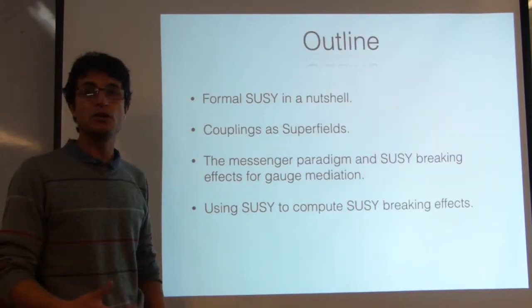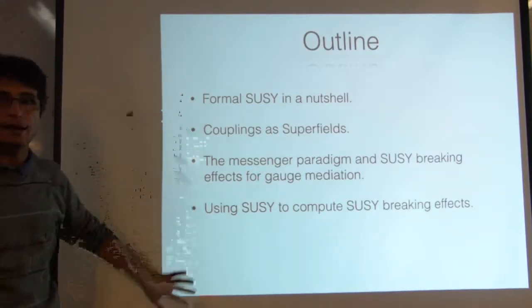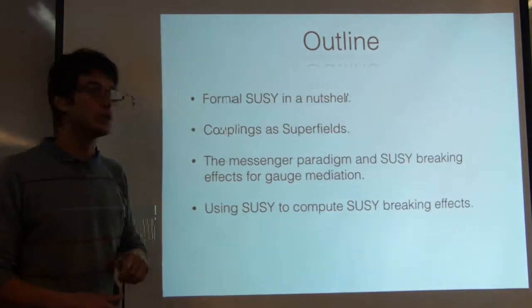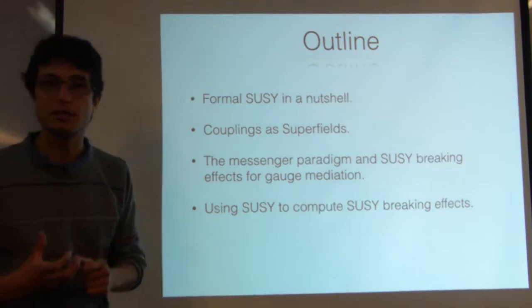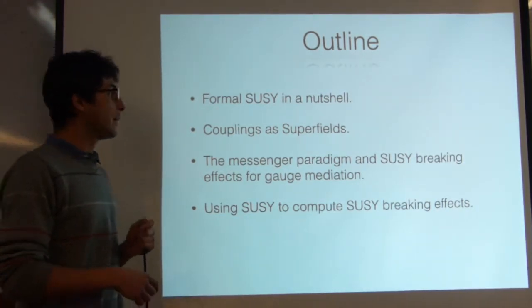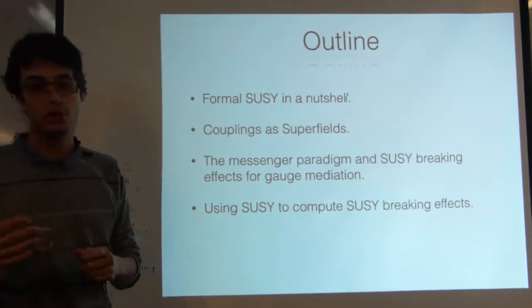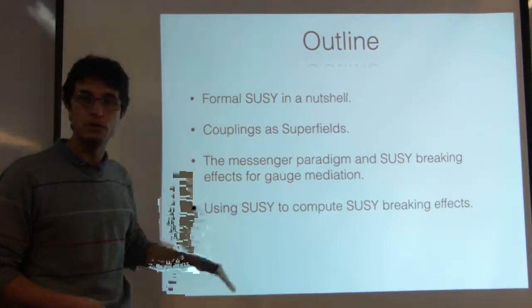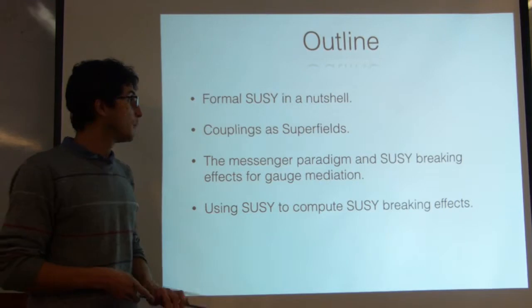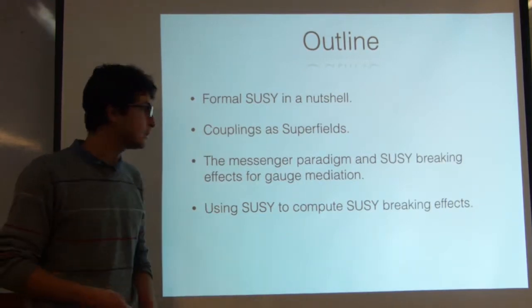So let me now really start with the outline of the talk. First of all, I want to give some formalities of the supersymmetric construction. Then I will give an invitation to the way that we proceed to compute the soft terms: you go into superspace.